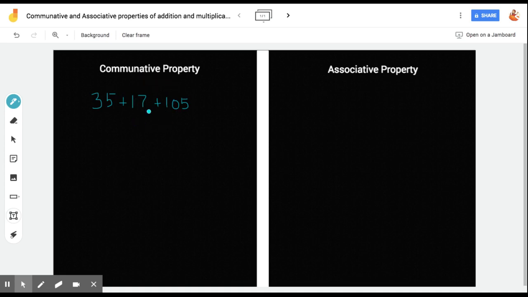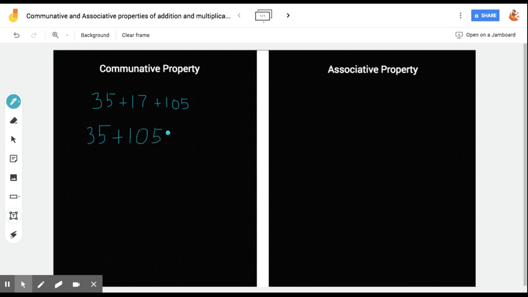But what the commutative property allows me to do is to add this more effectively. If I can see that I have 35 and 105, those are real, 5s and 10s are really easy for me to add together. So I see that 35 plus 105 would give me 140.